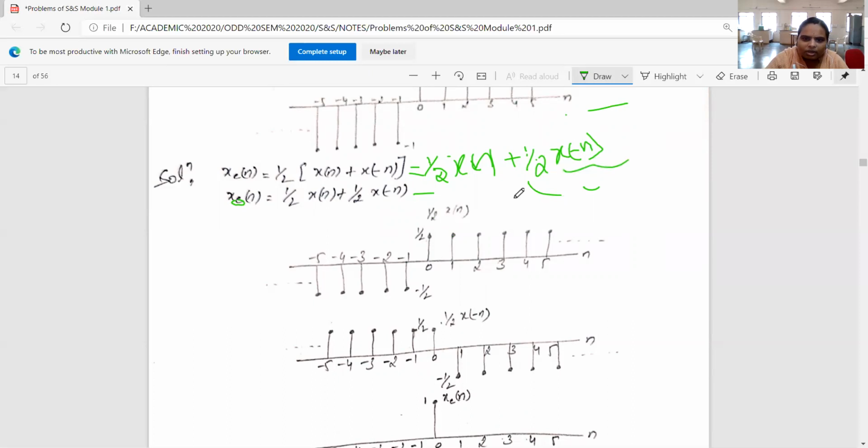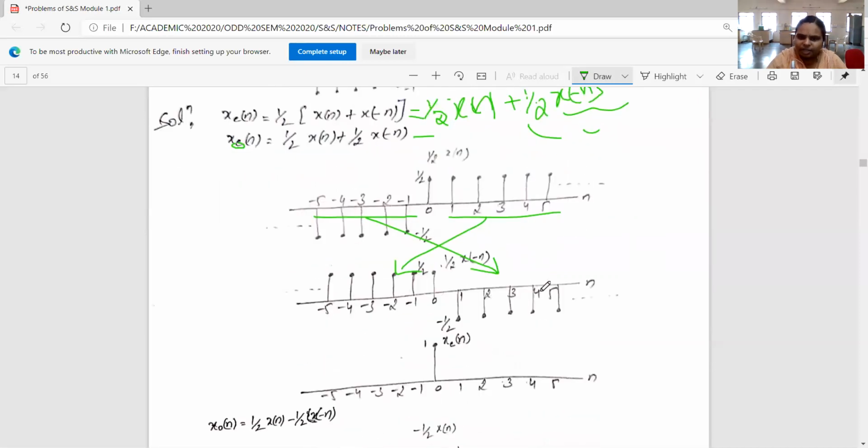What is x of minus n? It is a reflection of the signal, right? Already 1 by 2 x of n is done. The reflection operation: the positive values are taken in a negative way, and negative values are taken in a positive way. This is the reflection, and we already went through the theory part. I just reflected the samples here.